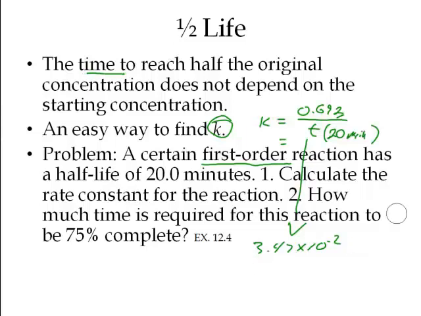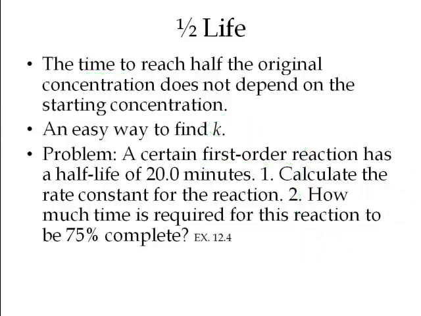It says, how much time is required for this reaction to be 75% complete? So now we might actually have to think for a second. When you see a problem like this, the second one, and you think of the equation we have, they've kind of thrown a wrench into it with 75% of it complete.